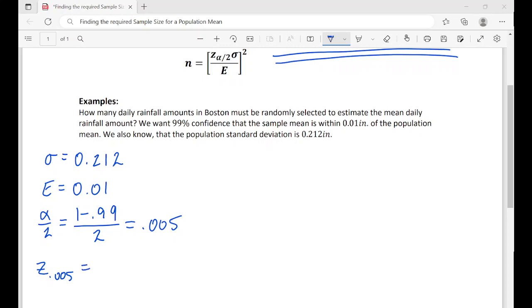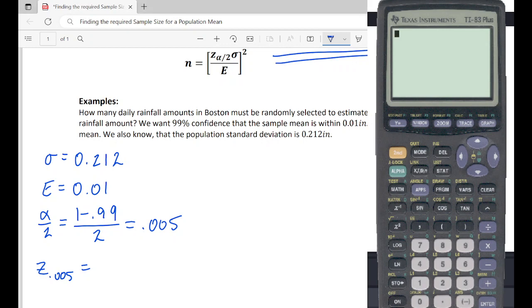And a nice way we can do that is just using our calculator. So bring up the calculator and we're going to go to second vars and number 3, inverse norm of 0.005. And we're going to end up getting 2.58. We don't care about the negative, we only want it as a positive number. So 2.58.